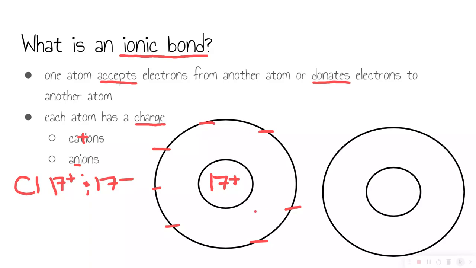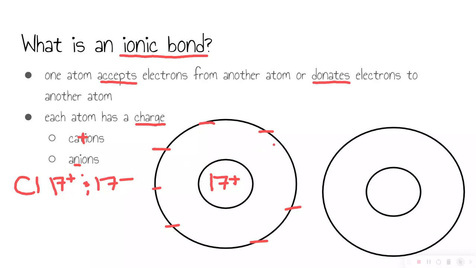So we have 2 full shells in here, and then this 3rd shell is going to have 7 electrons in it. For chlorine to have a full shell, it needs 8 electrons in its valence shell, because chlorine is in the 3rd row of the periodic table, and the 3rd row has 8 columns, so it needs 8 electrons to have a full 3rd shell.